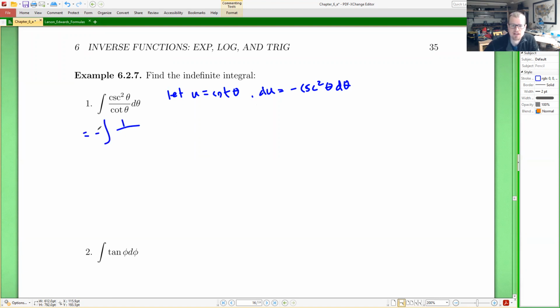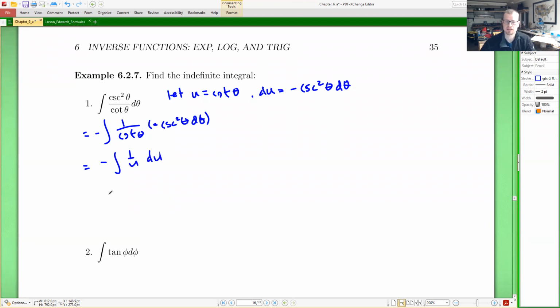So if I rewrite this as the negative of the integral of 1 over cotangent theta times negative cosecant squared theta d theta, then we can recognize that the negative and the negative would cancel. The cosecant goes in the numerator, and we have exactly what we started with. But this allows me to recognize that I have the negative of the integral of 1 over u du.